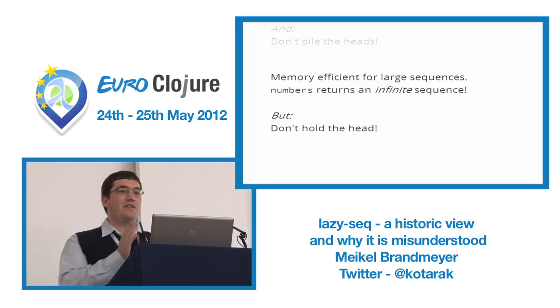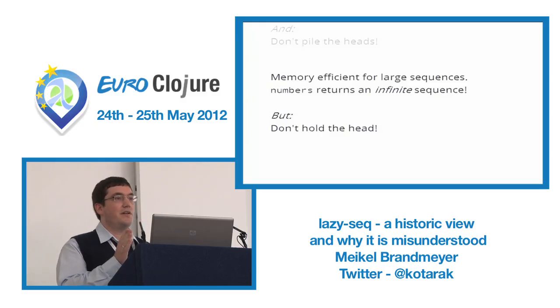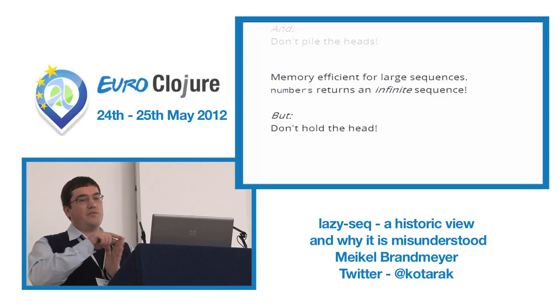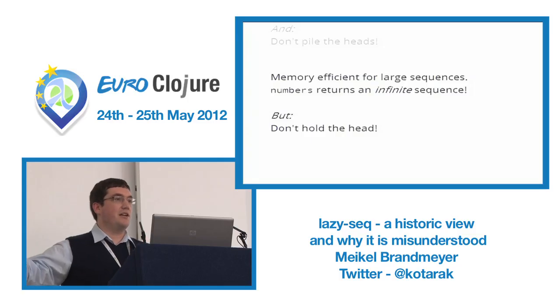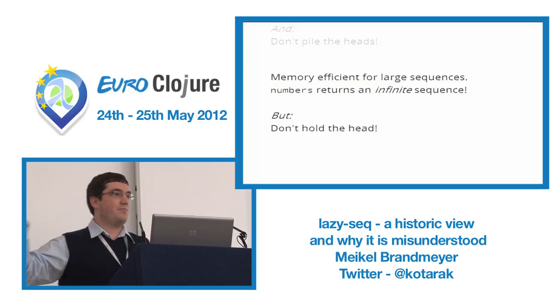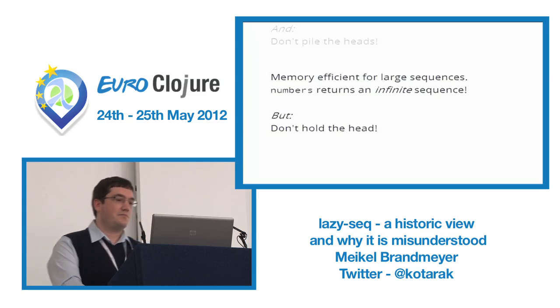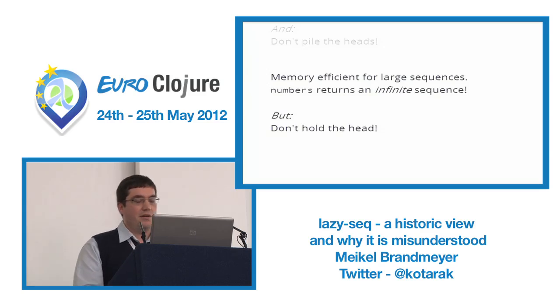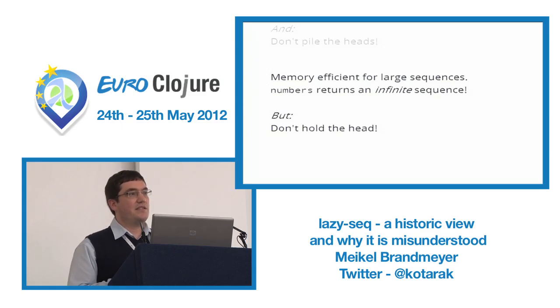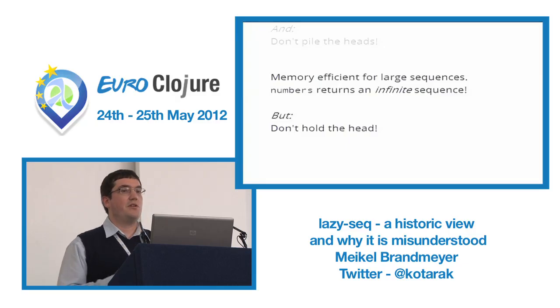When we keep a reference to the head of the sequence, then we keep also reference to all the realized elements. And this builds up, and then suddenly you get a memory problem. And this is also a non-trivial problem.